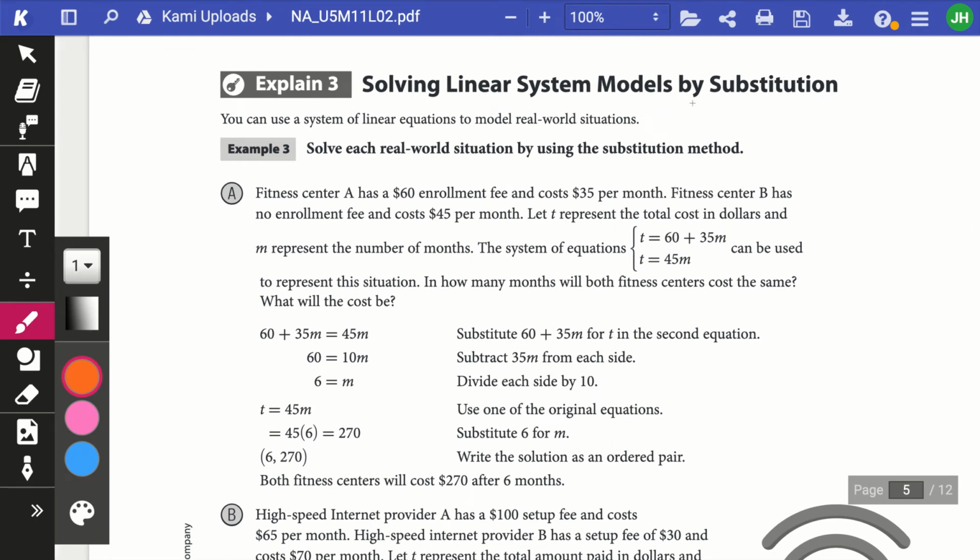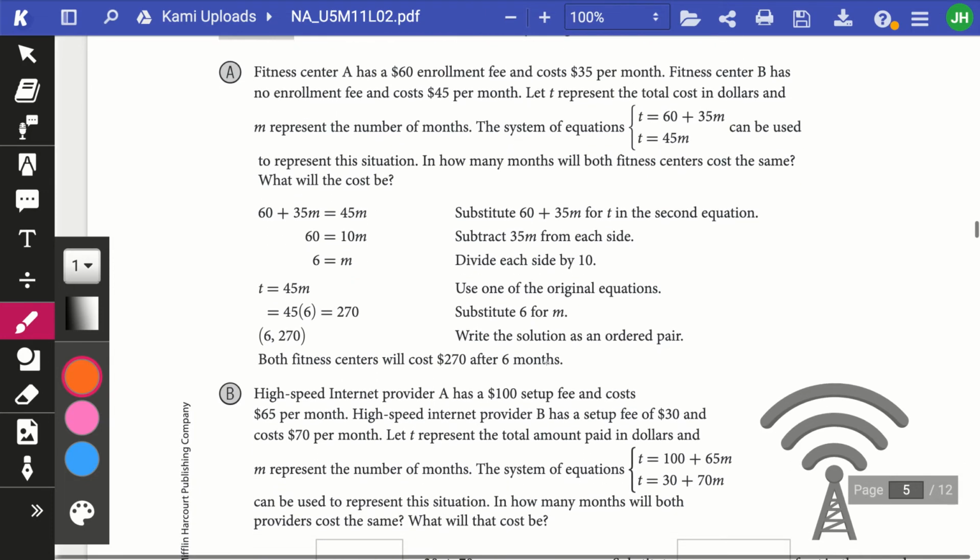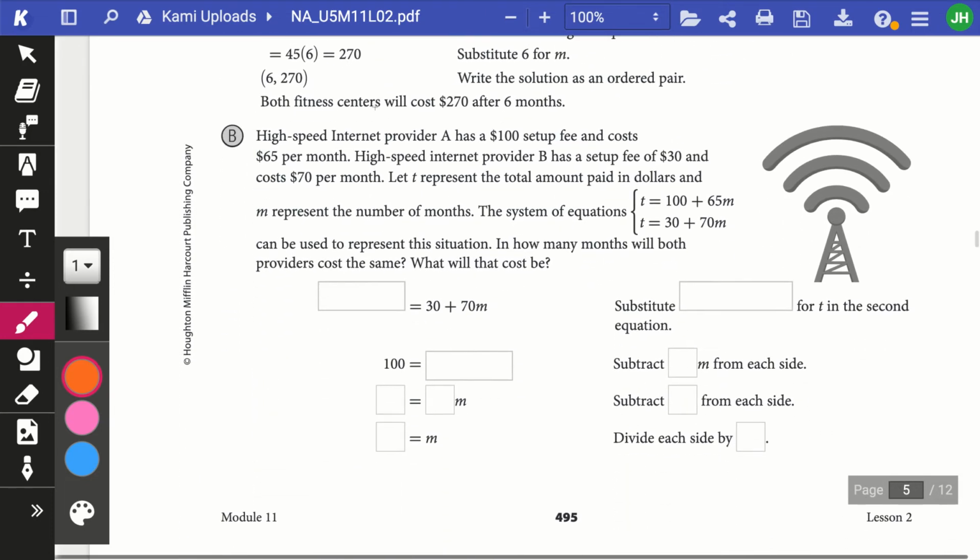Then you have solving linear systems with models. So if we read through a model, here is a high-speed internet provider A, has a $100 setup fee and costs $65 per month, right? That is 100 plus 65M. The other one, provider B, has a $30 setup fee and $70 per month.